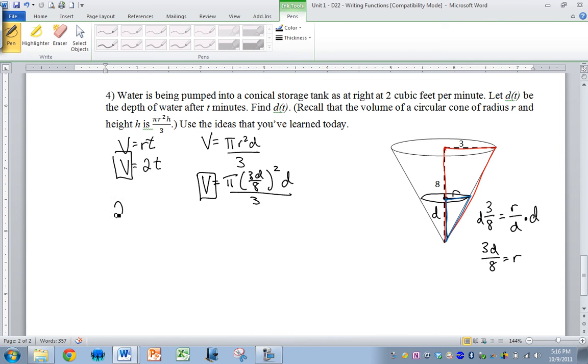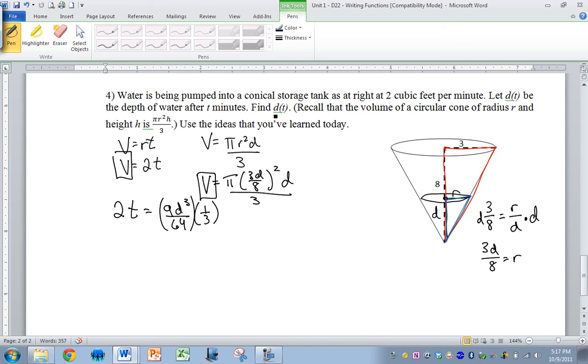Let's set those equal to each other now. So I have 2t equals, let me simplify this a little bit. Since I'm dividing by 3 over here, it's like multiplying it times 1/3. So I'm going to have 9d cubed over 64, and then this is times 1/3 because it's divided by 3.